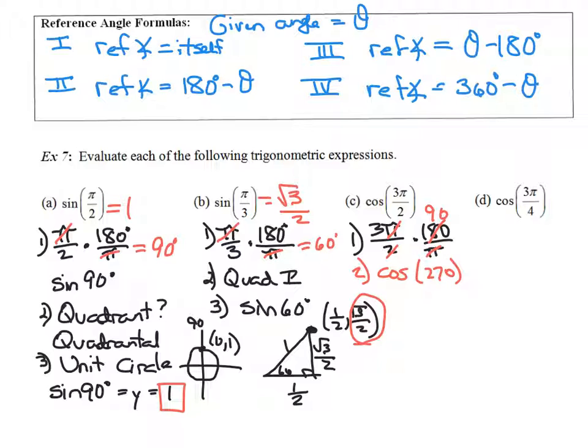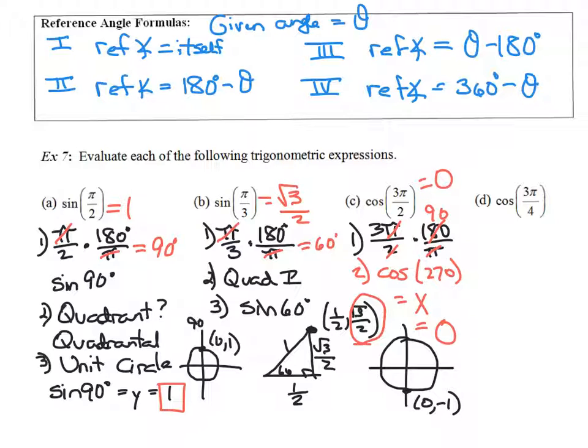Now this once again is a quadrantal angle. So draw your unit circle, and at 270 degrees I need that ordered pair, (0, -1). Because I'm doing cosine, it's equal to the x-coordinate at that point, so the x-coordinate is equal to 0.